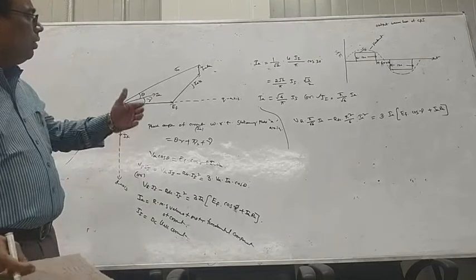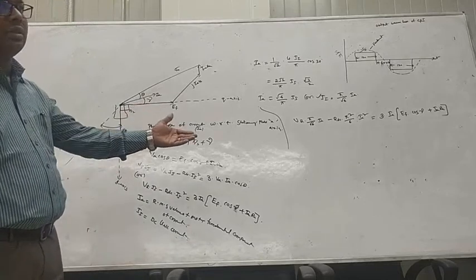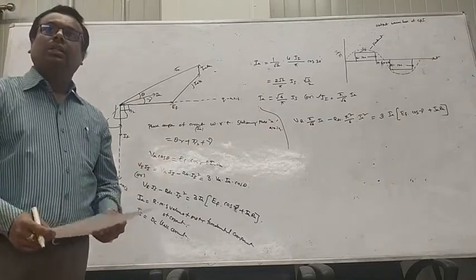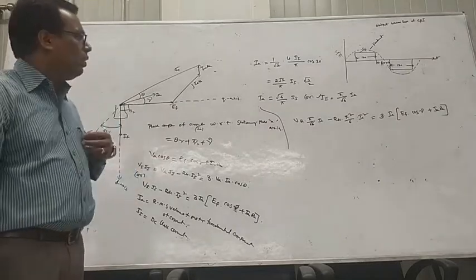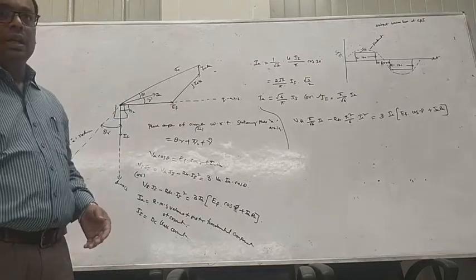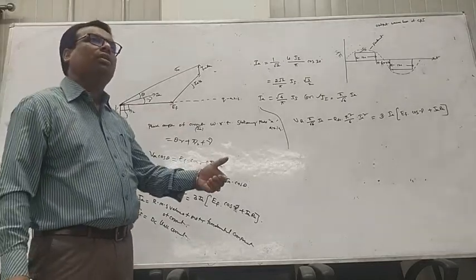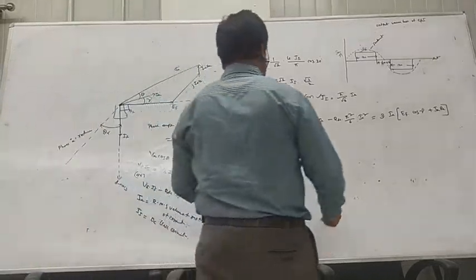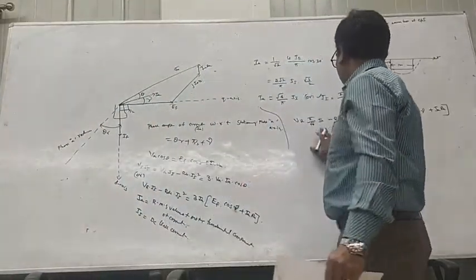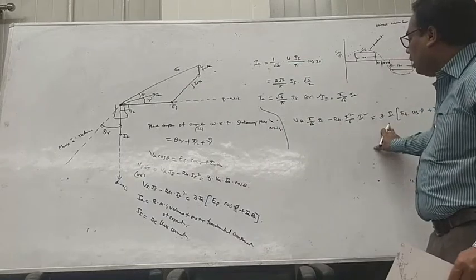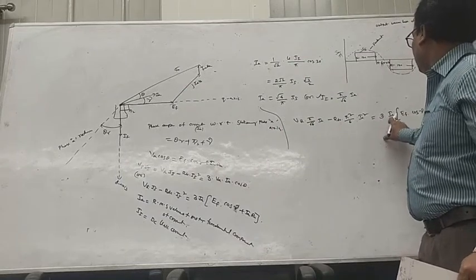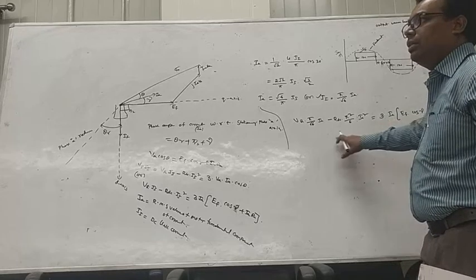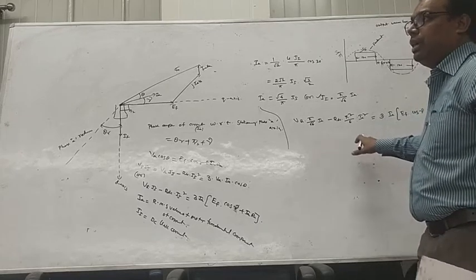Now you need to develop the DC equivalent circuit for this CSI drive, CSI for synchronous motor drive. You need to develop the steady state equivalent circuit for that. So if you further simplify this equation, divide both the right hand side and left hand side by 3 into IA.